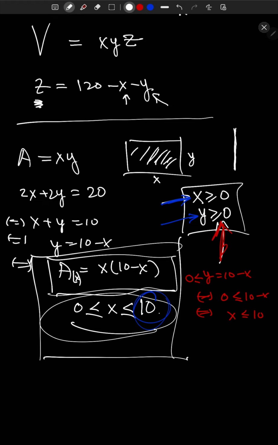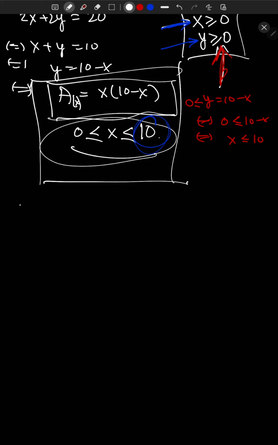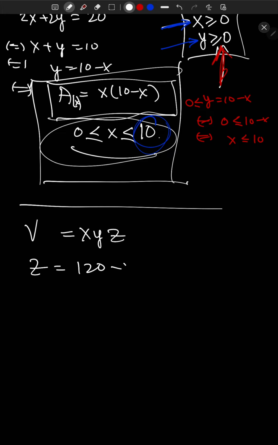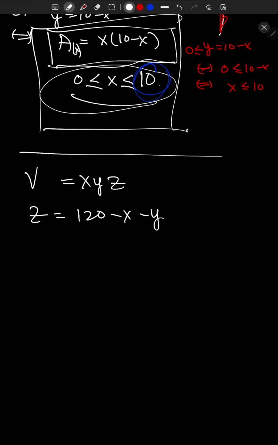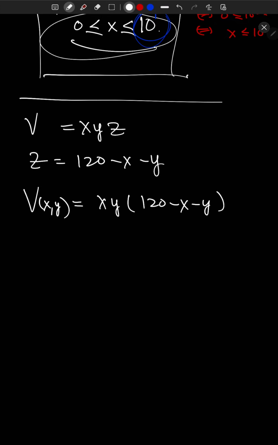Okay, so here in our new setting, we had V is equal to XYZ, right? We had Z is equal to 120 minus X minus Y, right? So in terms of what our function is, it's going to be xy times 120 minus x minus y. And now it's just a two-variable calculus problem function.